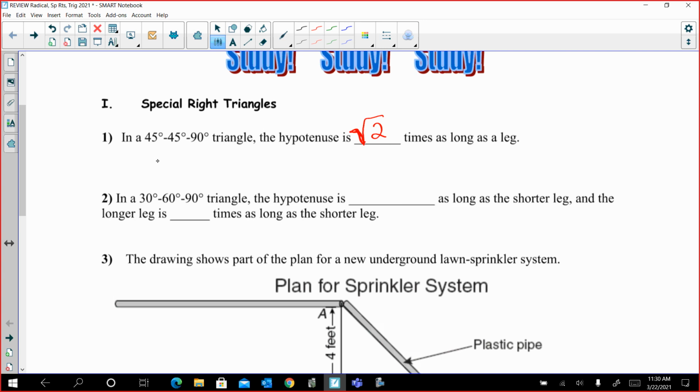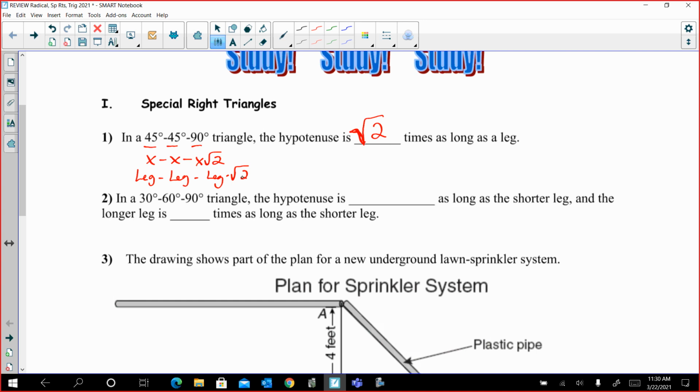So basically your formula whenever you have a 45, 45, 90 triangle is x, those are your legs, they're both the same, and then the hypotenuse is x root 2. Or you can think of it as your leg, and then your leg times radical 2.